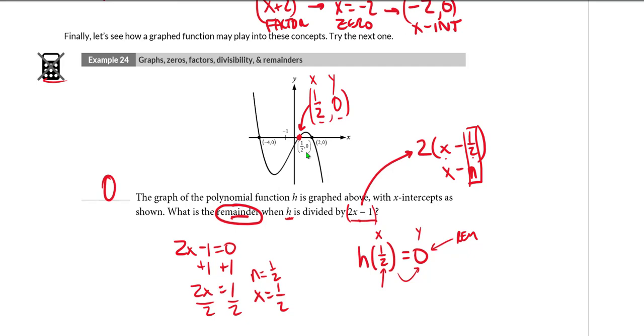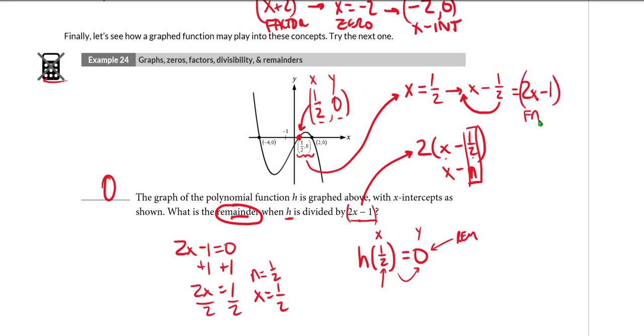The other way of looking at this would have been to immediately convert this x-intercept into a factor, and this might even be an easier way, by knowing that x equals 1/2 has to be a root or 0, which means that x minus 1/2 has to be a factor. Remember that we said we will often need to take that 2 in the denominator and swing the 2 up in front of the x, leaving us with 2x minus 1.